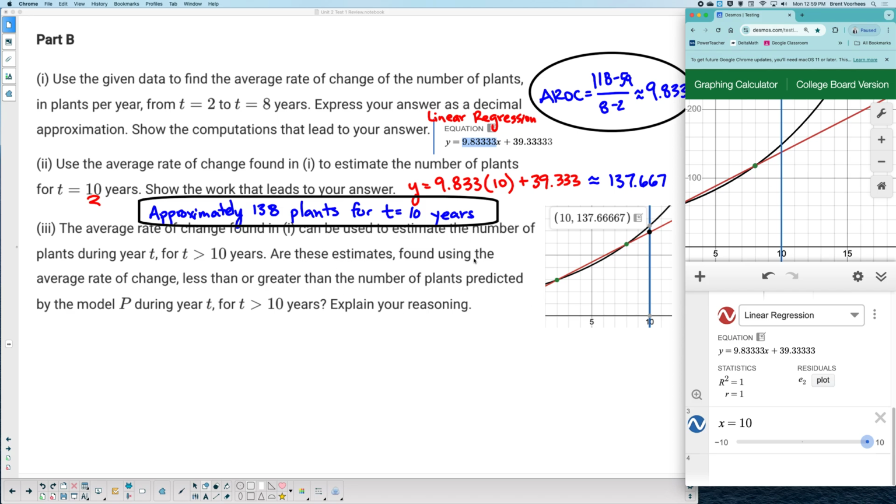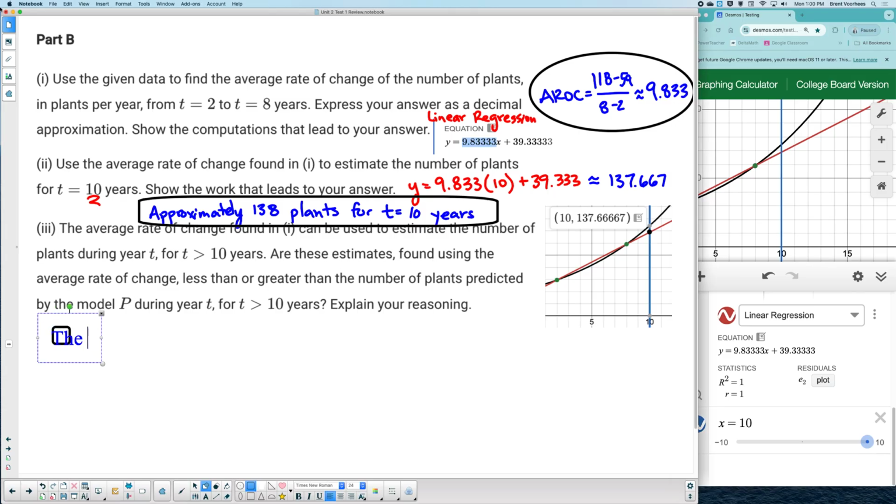So I'm going to write my answers. Are these estimates found using the average rate of change? Okay, that's the average rate of change first. So how is the average rate of change compared to the exponential? Is the average rate of change less than or greater than the exponential? Less than. So I would write that because that's what it said. Sorry, let me delete this. Okay, here we go.